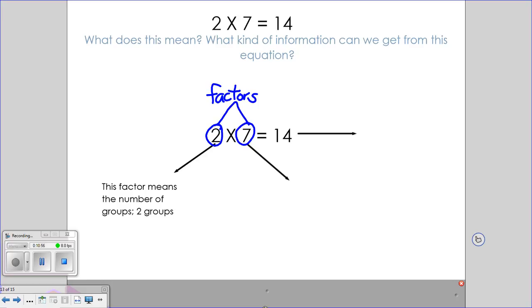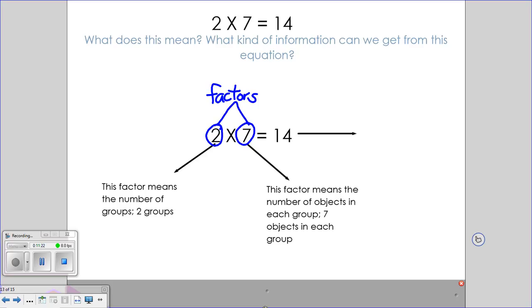So you already know that 2 means the number of groups. We're just writing it down so that way you don't forget. And then we know of 7, that second factor means the number of objects in each group. In our example, we have 7 something in each group.